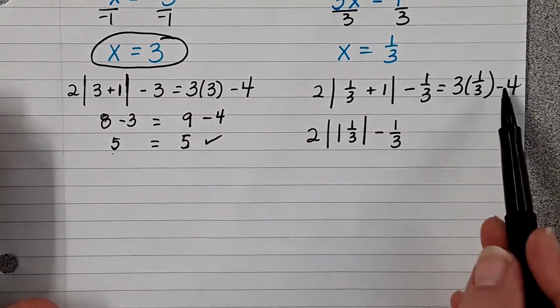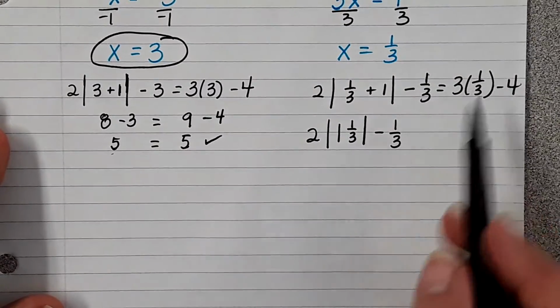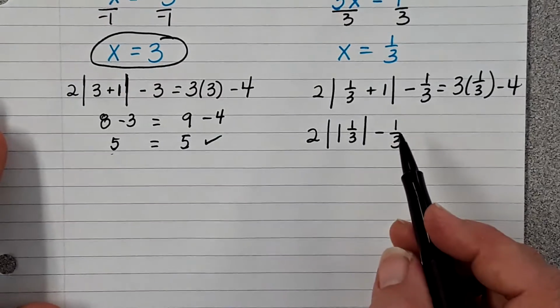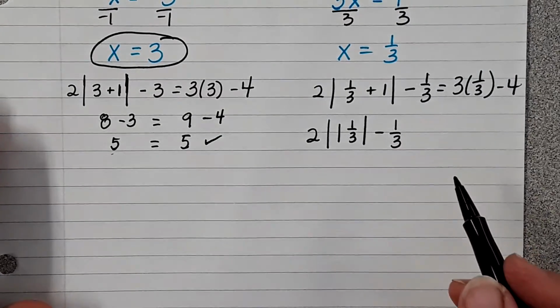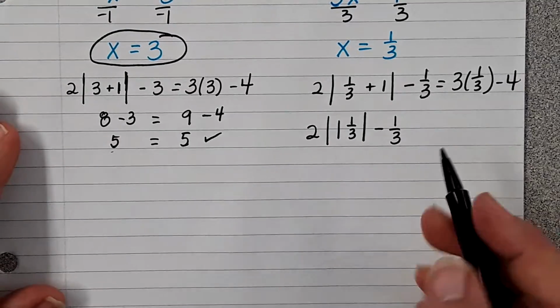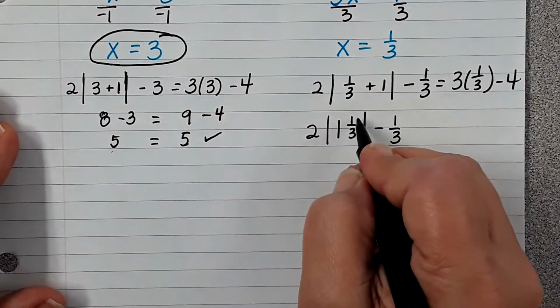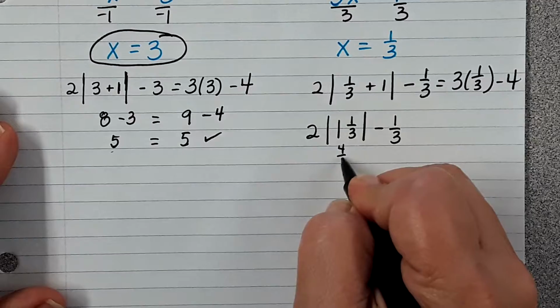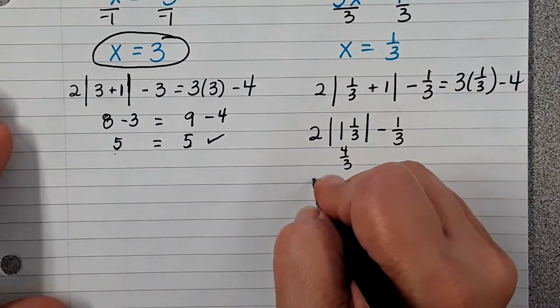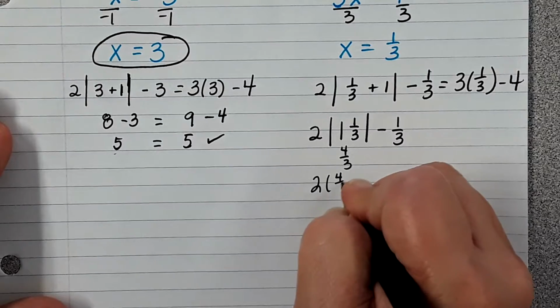Okay, so I'm going to do this section first and this last. What's another way I can write 1 and 1/3? I want to write it as an improper fraction, not a mixed number. 4/3. So I'm just going to write this as 4/3. So what is the absolute value of 4/3? 4/3.